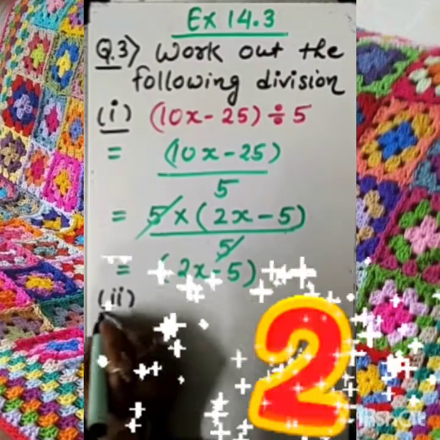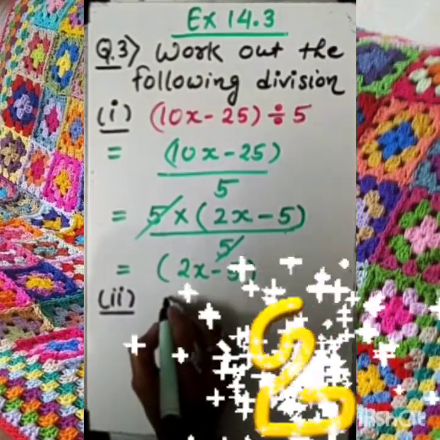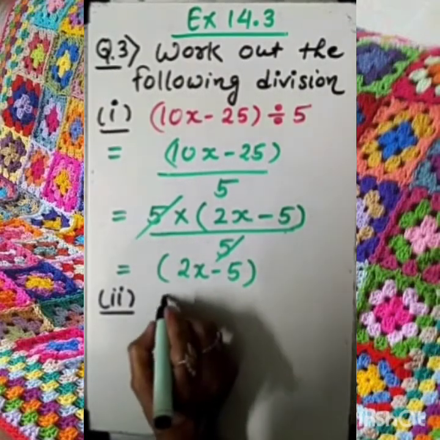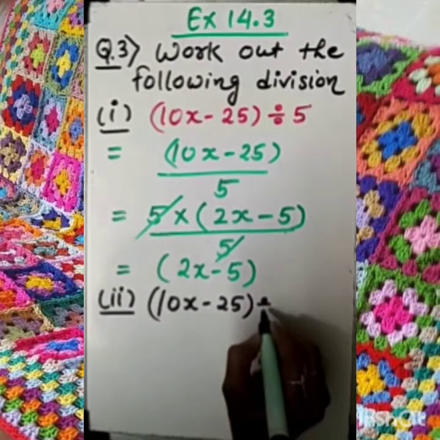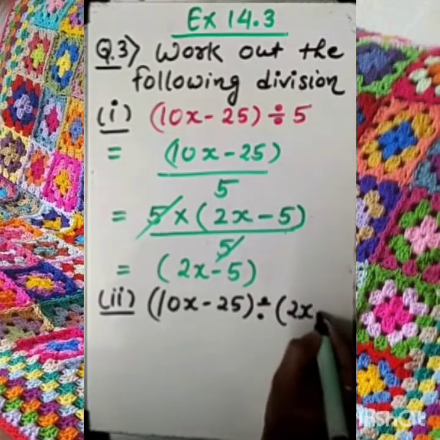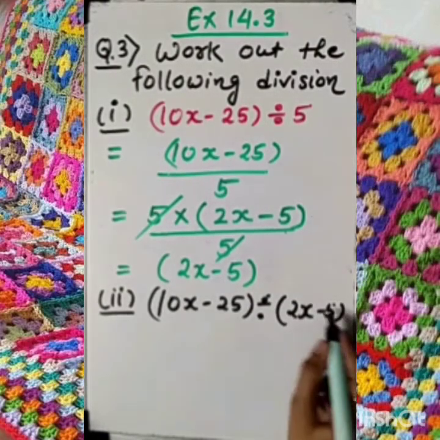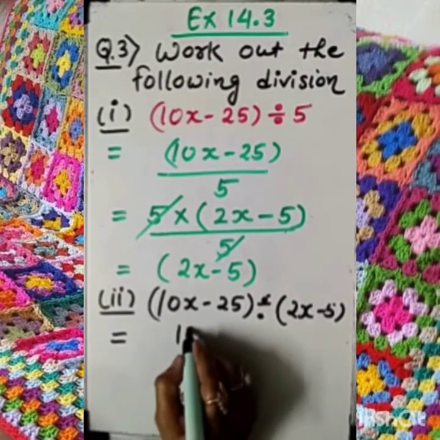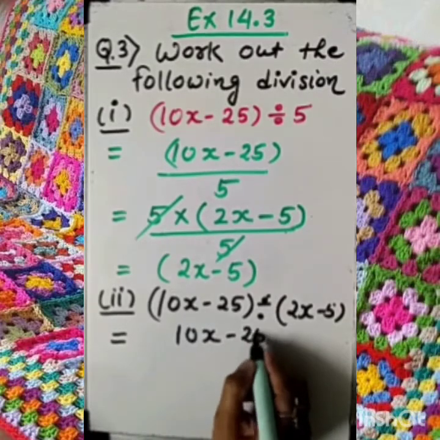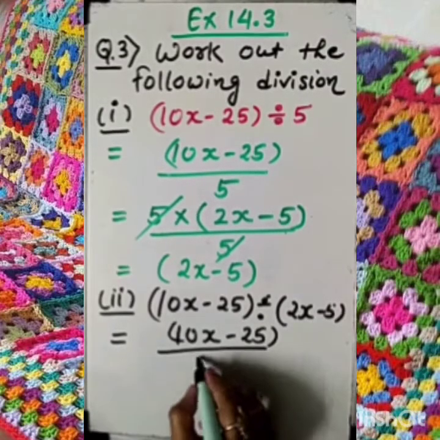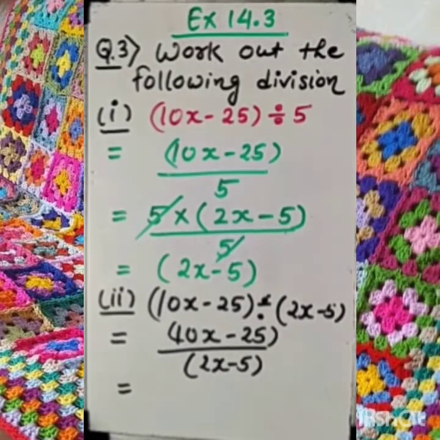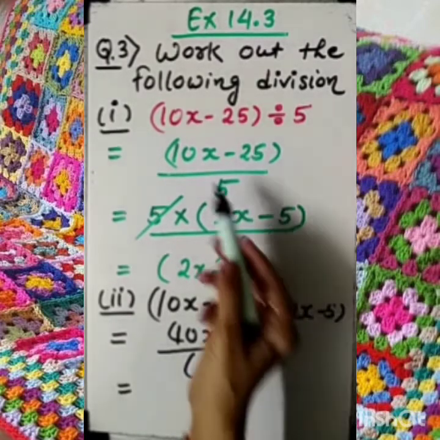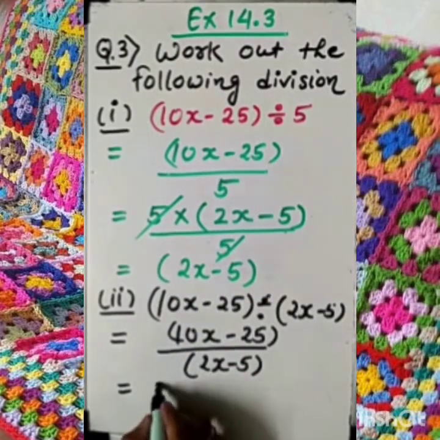What we are given in the second, let's see, is 10x minus 25 in one bracket, which is divisible by 2x minus 5. So in this situation, what to do? 10x minus 25 is the numerator, and in the denominator 2x minus 5. So my dear student, from the numerator we can take out 5 as common, as we did in the first one.